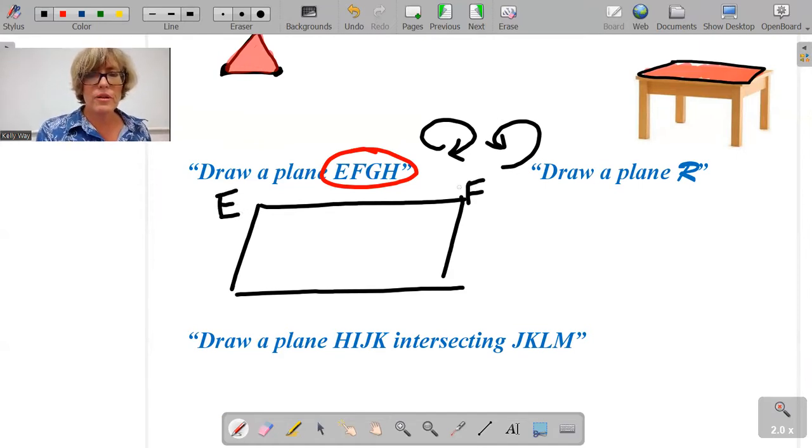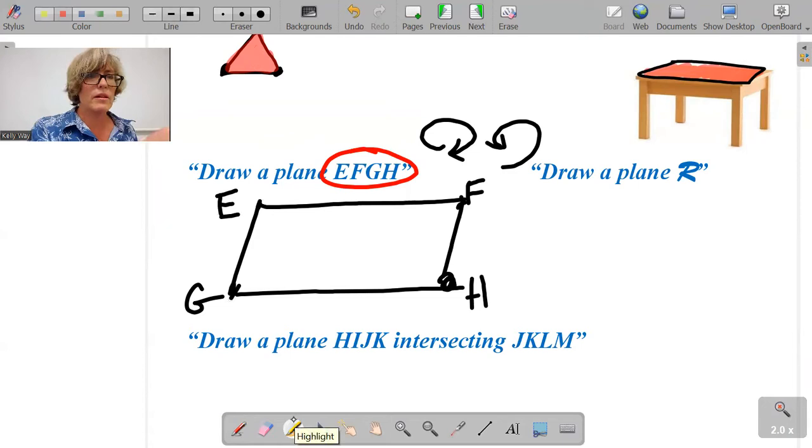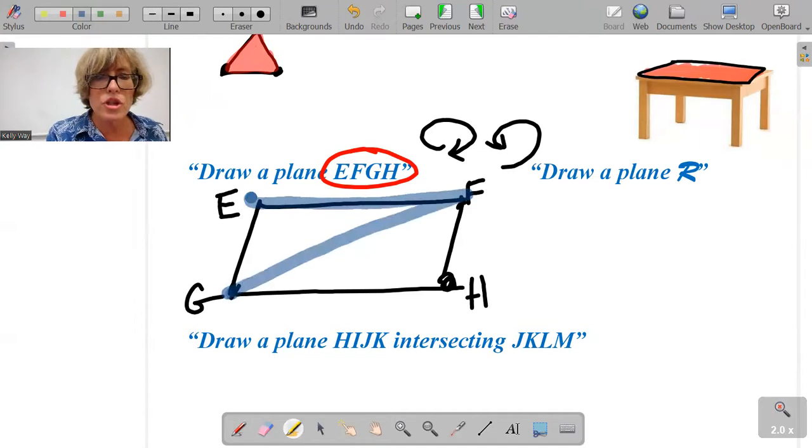E, F, G, H. What I just did was incorrect. Let me show you why. I did zigzag labeling. Watch, trace with your finger, just trace, not with your pencil. Finger, finger. E, F, G, H. Notice the zigzag. That's incorrect.